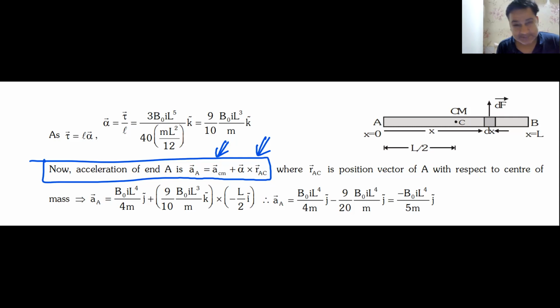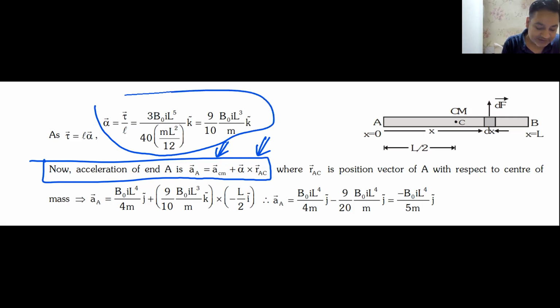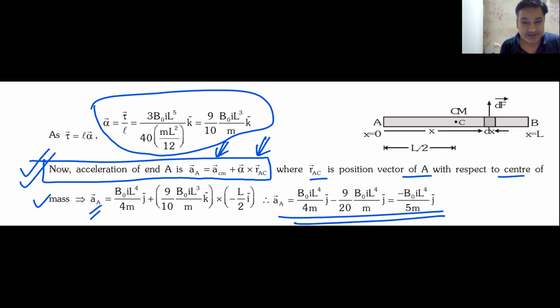Do we understand this? Yes, sir. That's it. So once you get the torque, you divide it by the moment of inertia of this rod. You will get the angular acceleration of this rod. Then you will have to apply this formula, and from there you will get the acceleration of the point A.